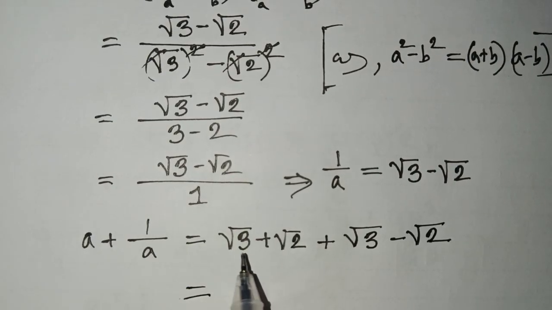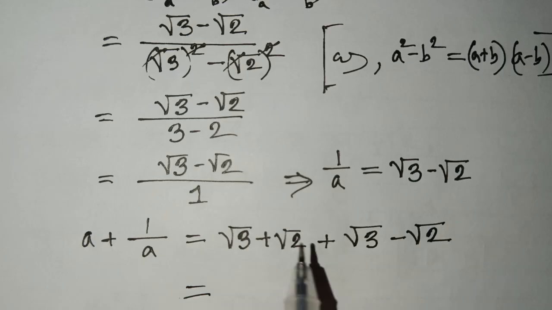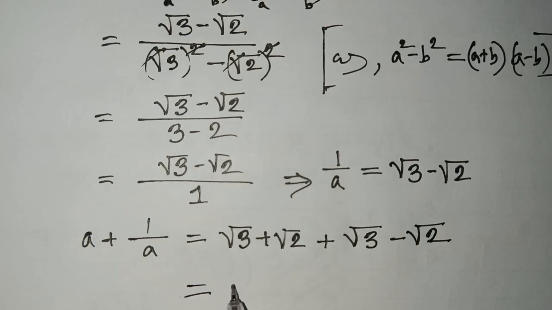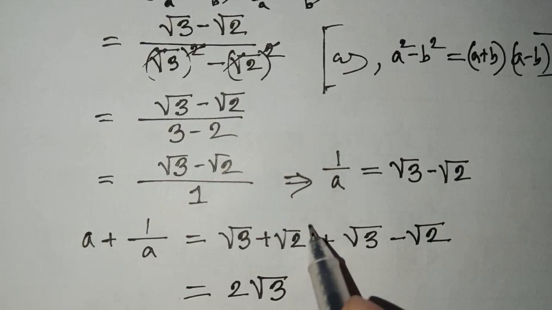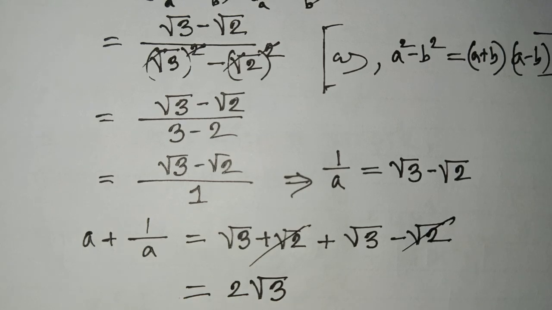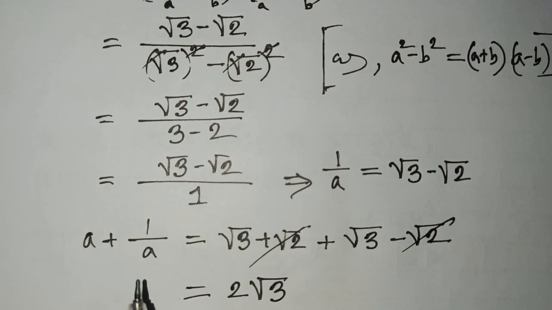So positive root 3 plus root 3 becomes 2 root 3. Positive root 2 and negative root 2 cancel off. So the value of a plus 1 over a equals 2 root 3.